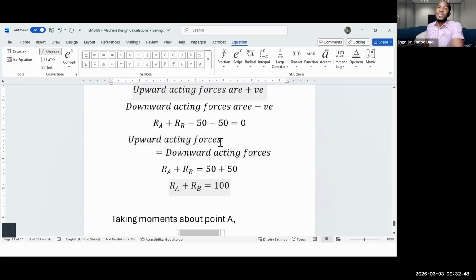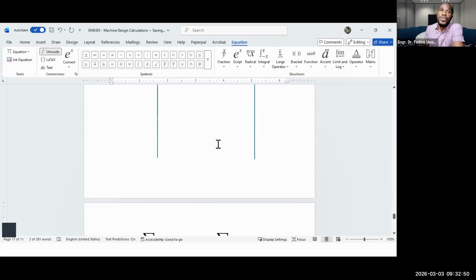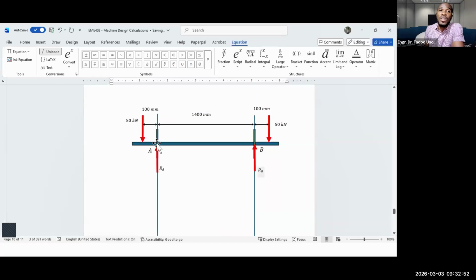So we're going to take moments, and of course, moment is a product of force times perpendicular distance. So we need to find out what the moment of the 50 kilonewtons force about point A is. There's going to be 50 kilonewtons times 100 millimeters, okay? And then if we take moments of the force RB about point A, it will be RB times 1,400 millimeters, right?